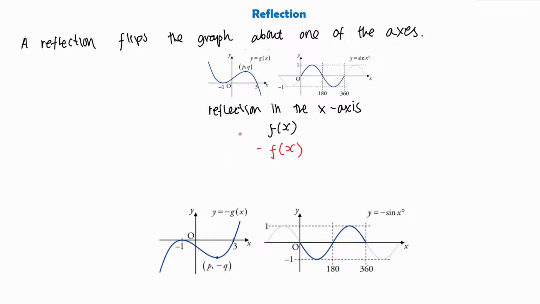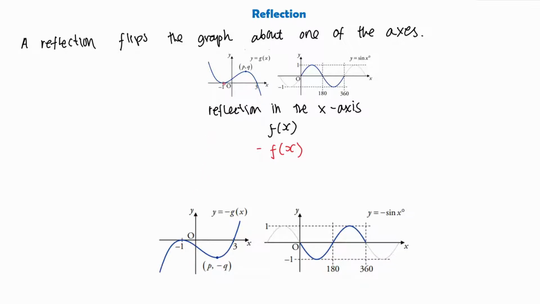So if we take a look at our graph of g of x up here, we can see it looks something like this. If we are flipping it about the x-axis, every point will move to the other side of the x-axis by the same amount of distance it is from the x-axis.